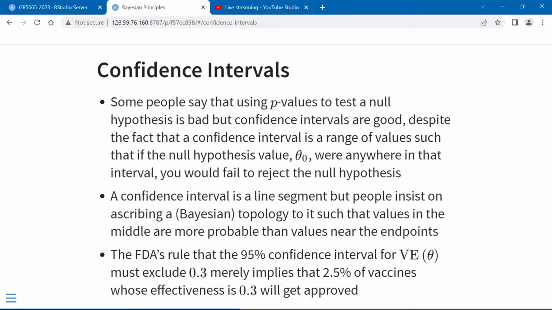If you have a posterior density, whether you calculate it analytically or numerically, you can take the middle 90% of it and say there's a 90% chance, conditional on the data, that the parameter is between here and there. And it's more likely to be toward the middle than toward the edges. That's all totally fine from a Bayesian perspective.